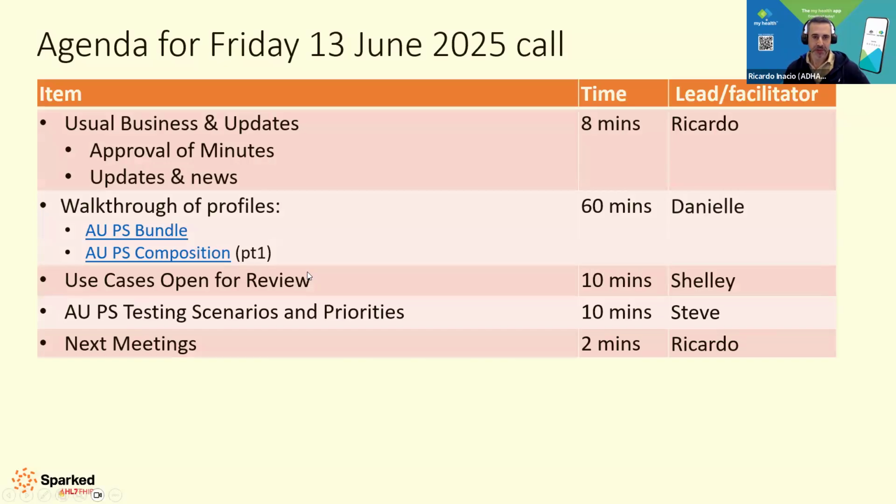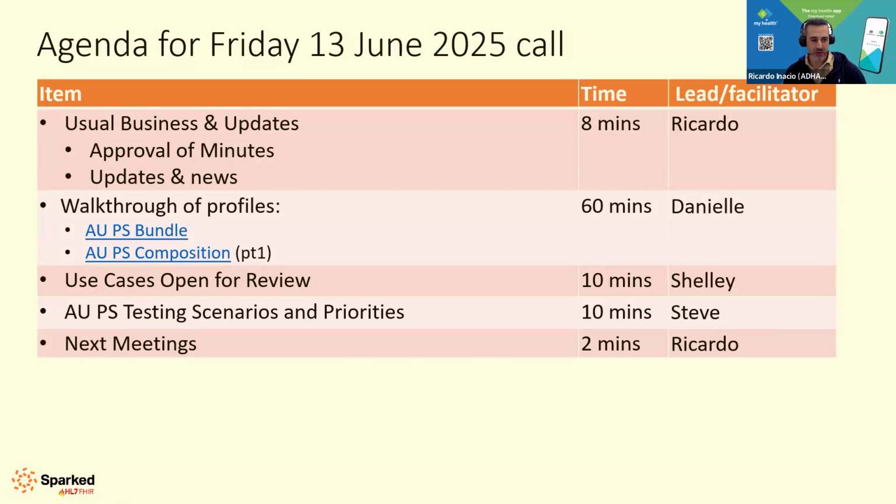So this is the agenda for today's meeting. We'll go through a very quick round of usual business and updates, and then we'll have a walkthrough of two profiles that are in scope for the upcoming release one of Patient Summary. So we'll go through bundle and composition, and this is Danielle who will take us through this part of the agenda and the meeting.